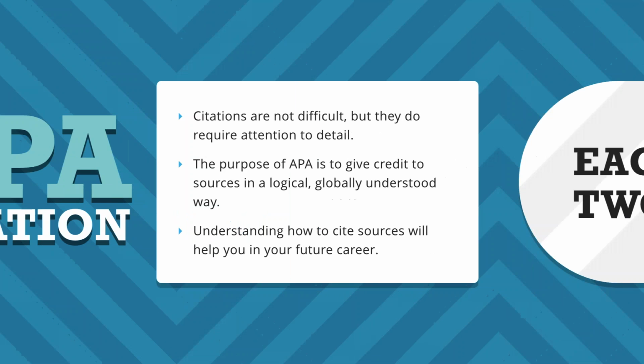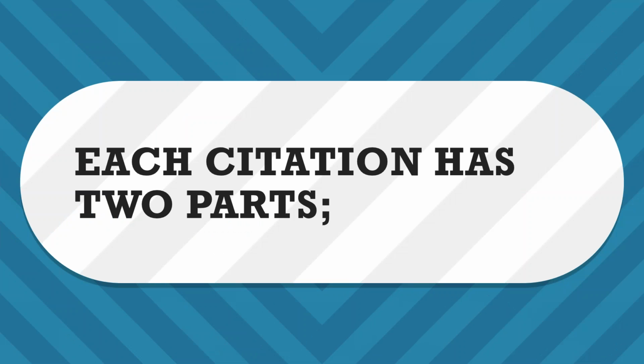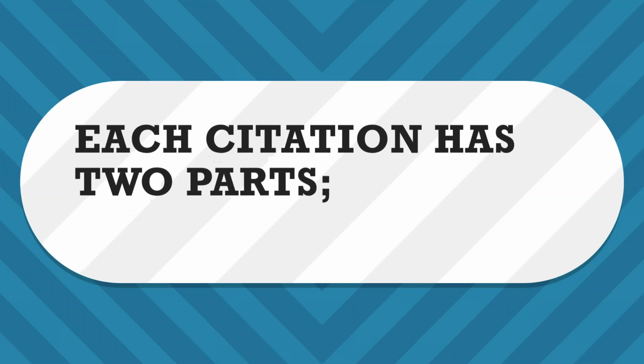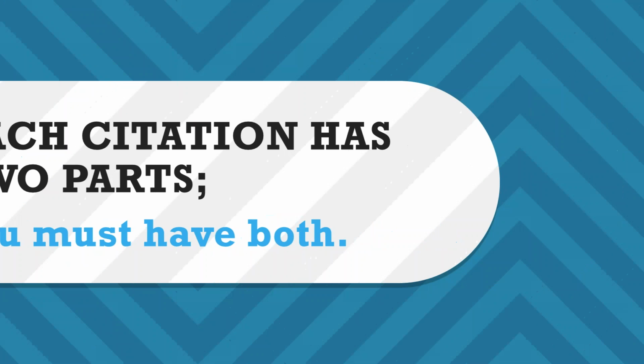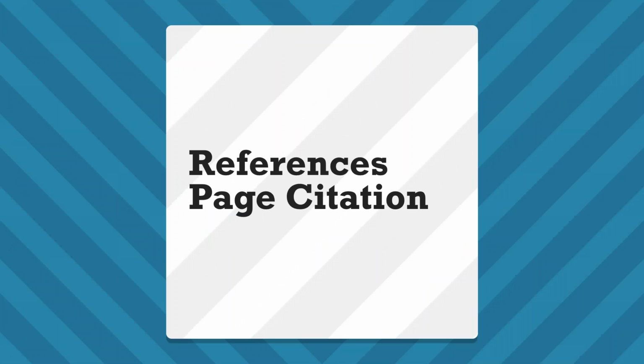So each citation has two parts, and I've already mentioned these two parts earlier in the lecture when I was talking about the quote sandwich. You must have both parts in order to give credit correctly and fully to your source. The first part is the references page citation, sometimes called a reference entry.